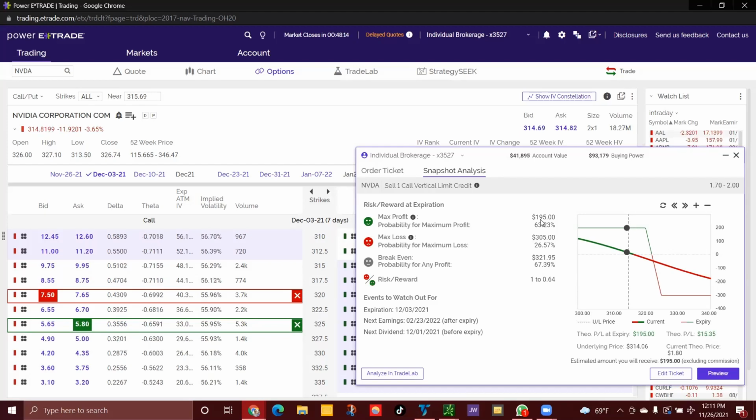Fast forward, Friday comes along, NVIDIA is 315. Guess what? We get $200 per contract. NVIDIA's 319, we get $200 per contract. $319.99, we get $200 per contract. NVIDIA's 300, we still get $200 per contract.